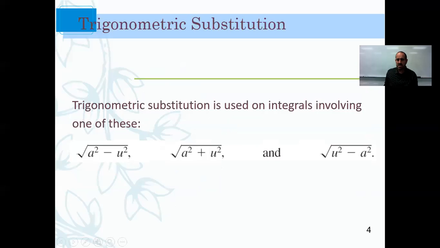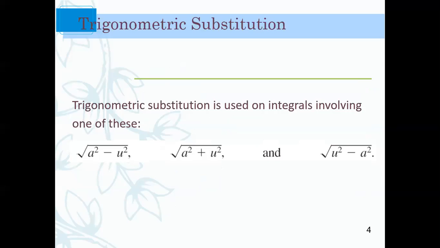Trig substitution. Continuing on. Let's think about this carefully together. Just by way of review. First of all, these are the forms of square roots that we're trying to get rid of, right?